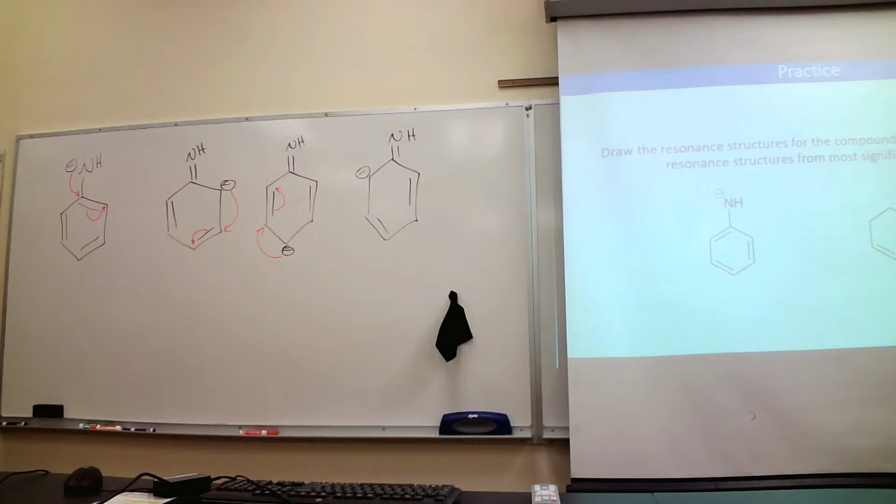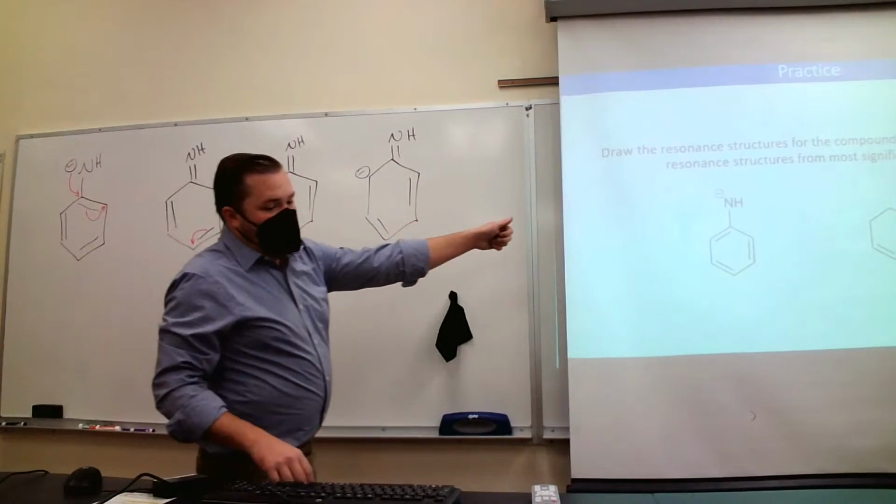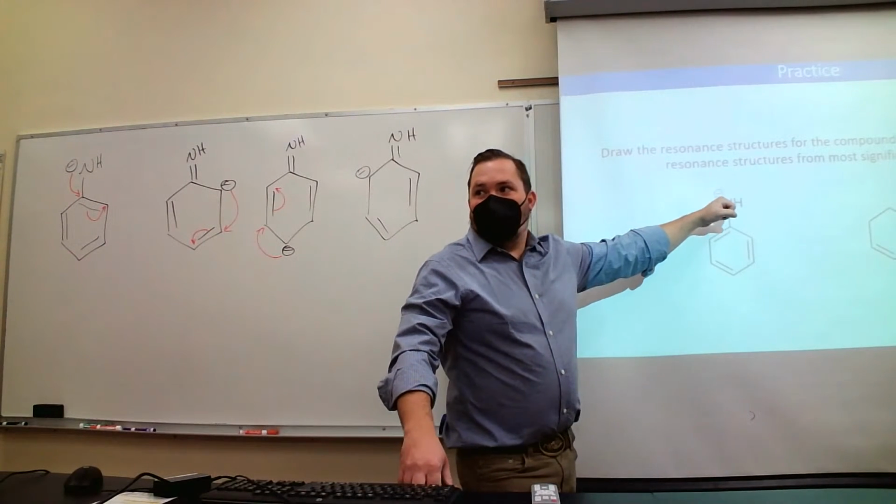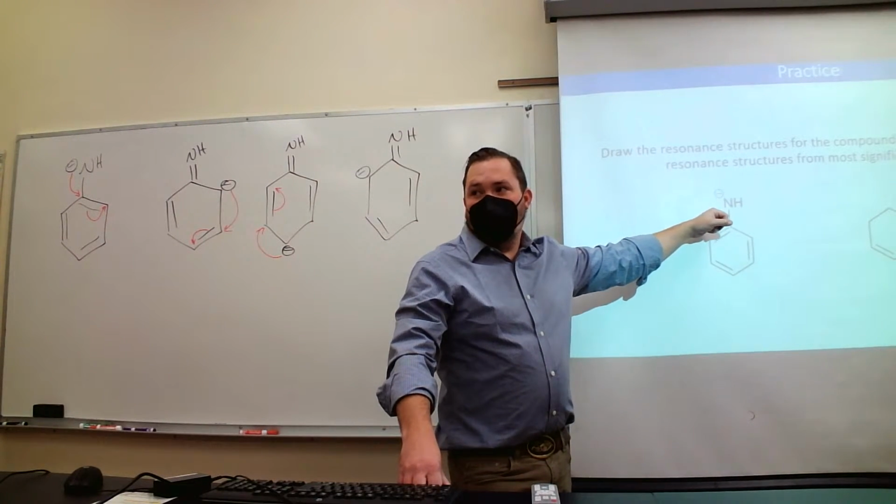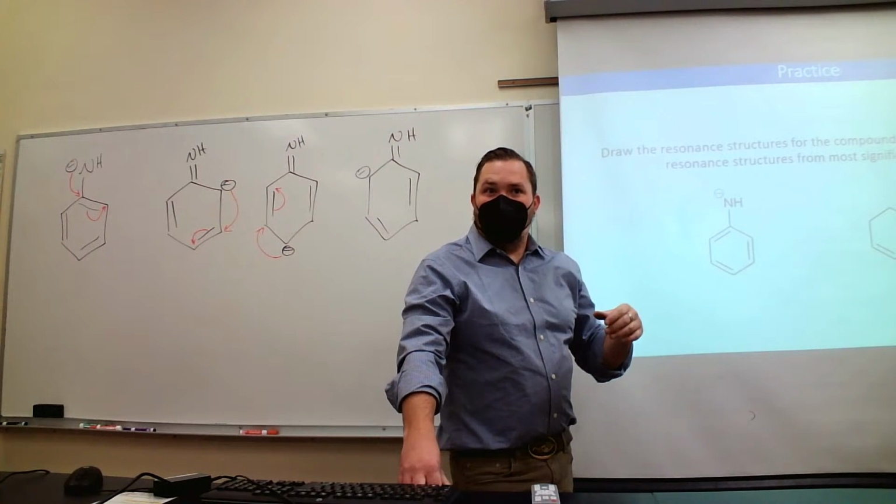All right, so for the one on the left, we've got extra electrons. We don't have any incomplete valences, we have extra electrons, which tells us we're going to be pushing electrons, not pulling them into an empty spot.